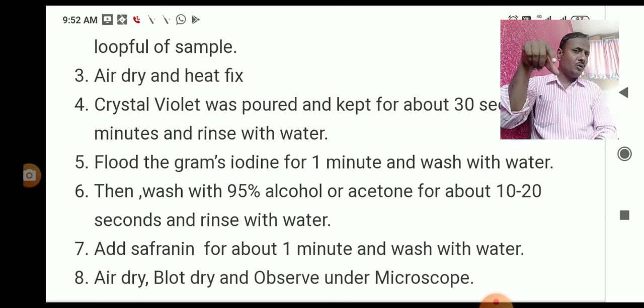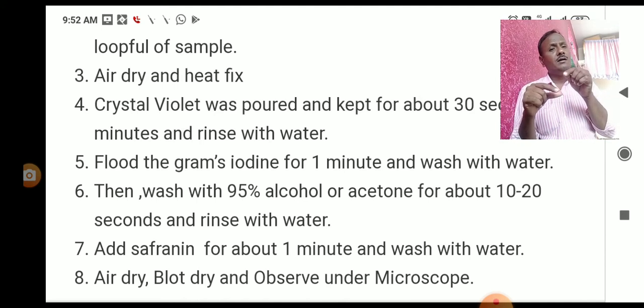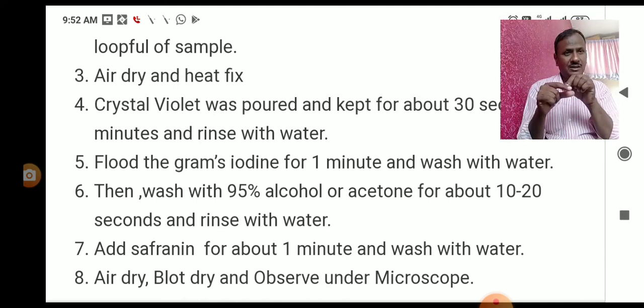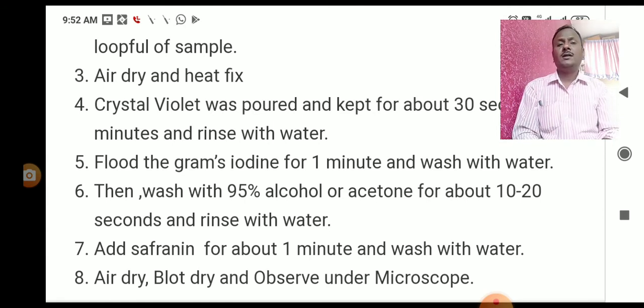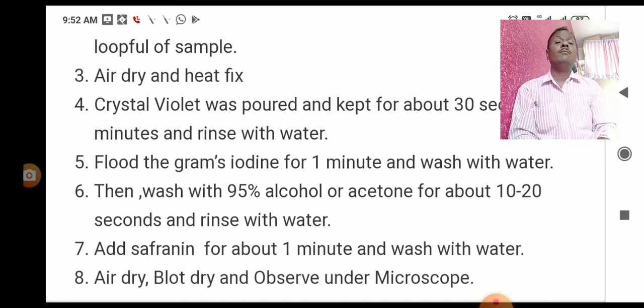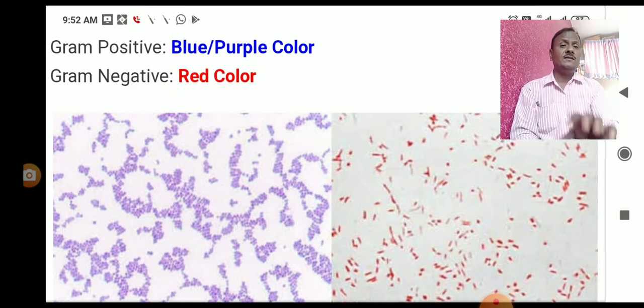After that, remove it under slow running tap water. Then air dry the smear, add one drop of cedar wood oil on the smear, and observe the slide under the oil immersion objective of the microscope.